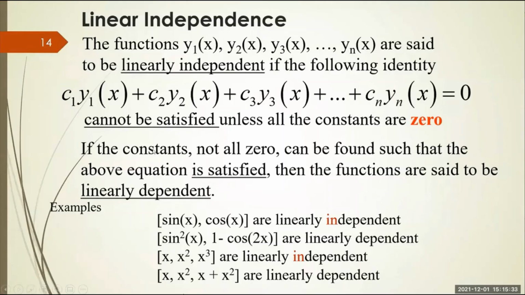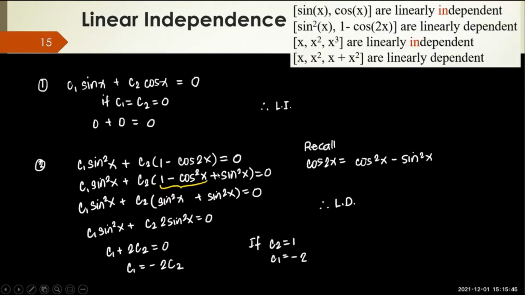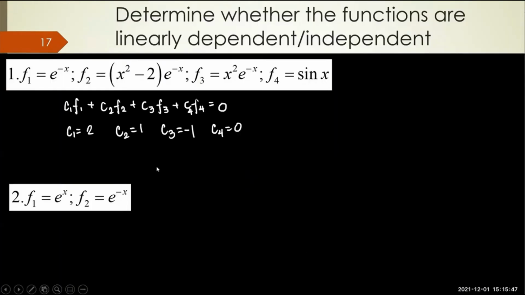According to the definition, number 2, if the constants, not all 0, can be found such that the above equation is satisfied, then the function is linearly dependent. So not all of these are 0. Only one of them or some of them are 0. So that means this is linearly dependent.